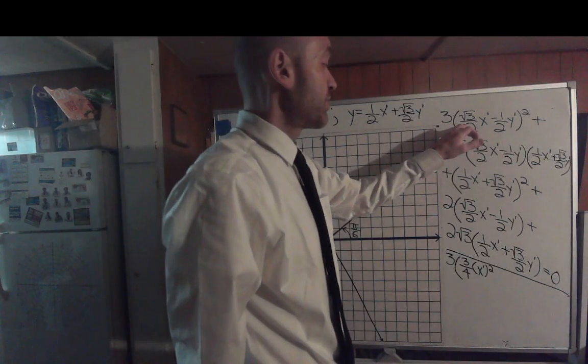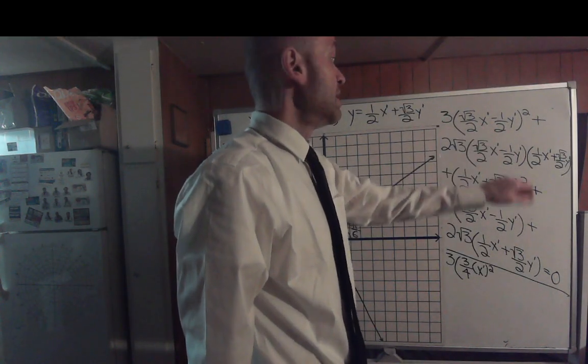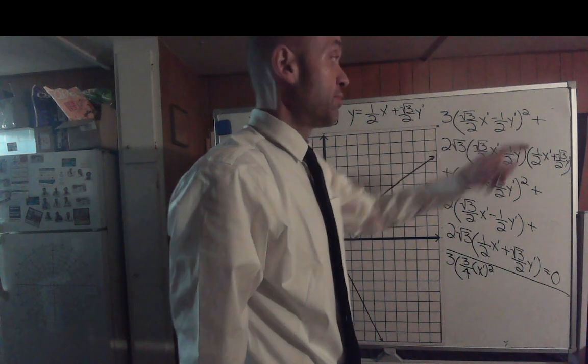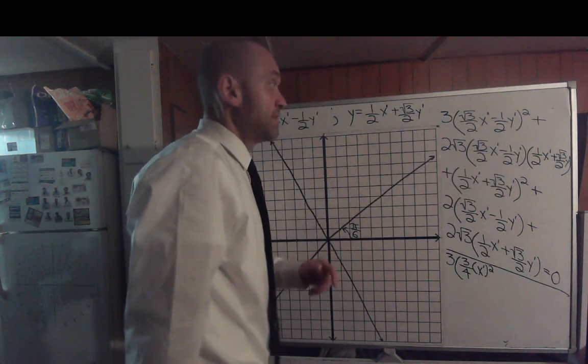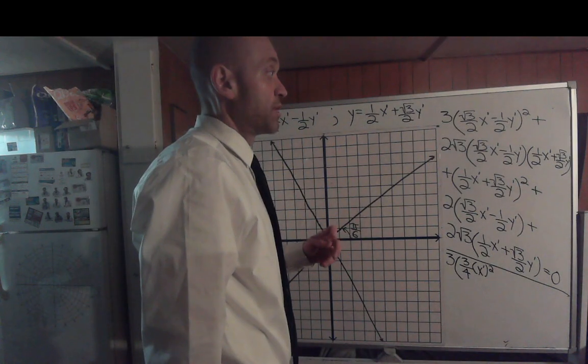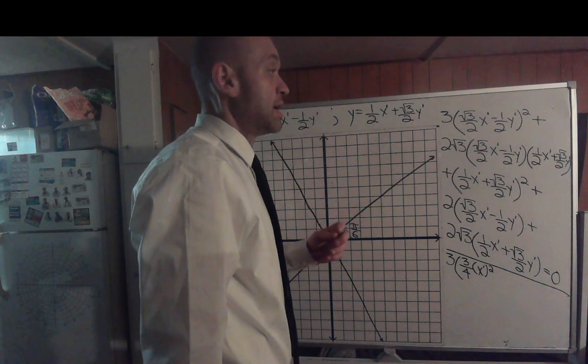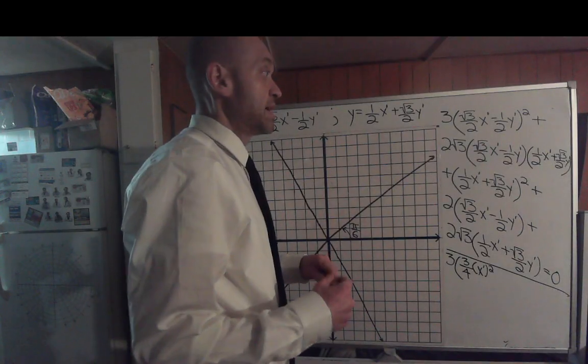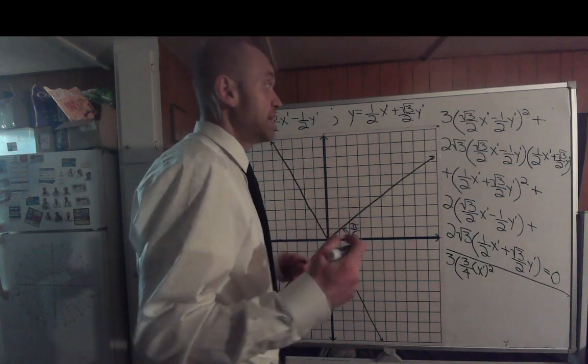So square root of 3 over 2 x prime times negative 1/2 y prime. That gives me negative square root of 3 over 4. Then if I take that, multiply it by 2, that ends up giving me negative square root of 3 over 2 x prime y prime.